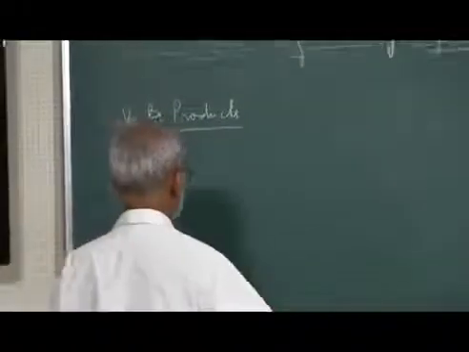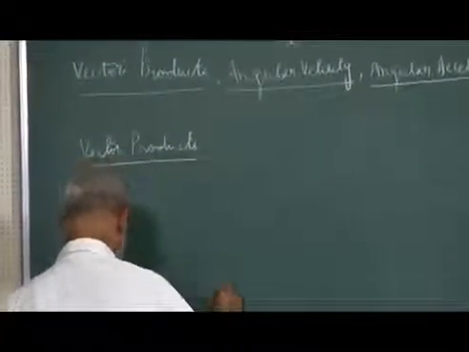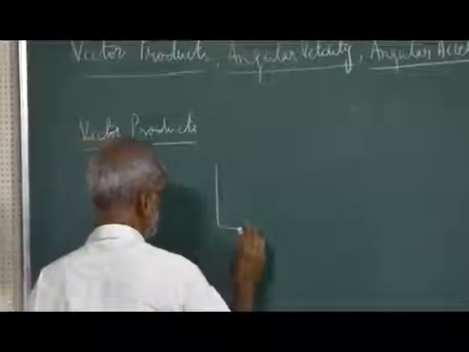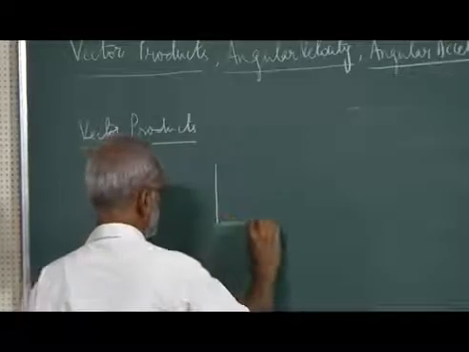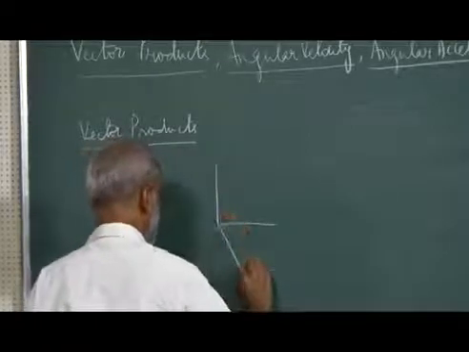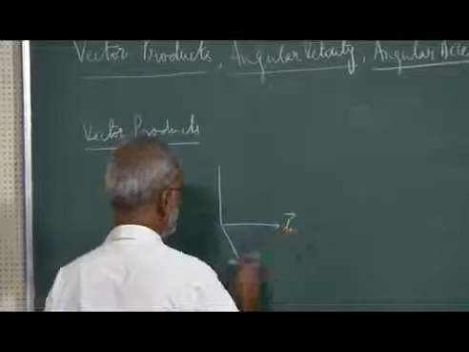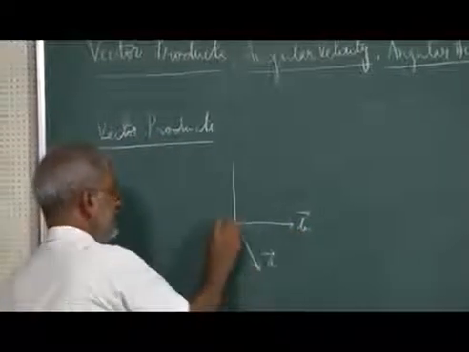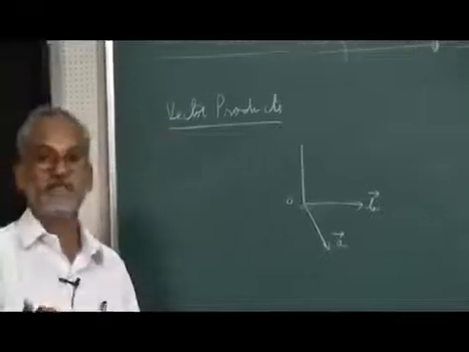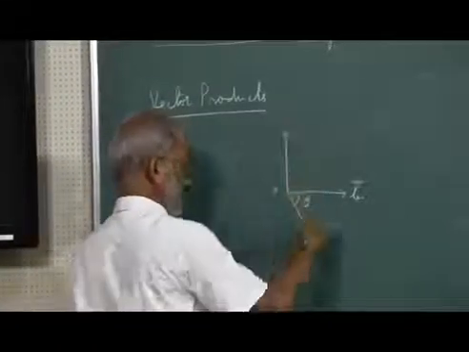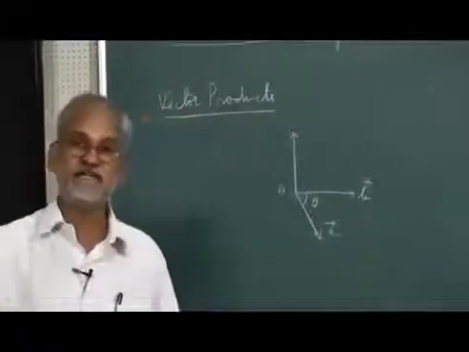Suppose I have a vector like this, this is vector little A, this is little vector B. See, these vectors A and B are not perpendicular to each other, they make some angle. They can be perpendicular, in general we need not take it that way.